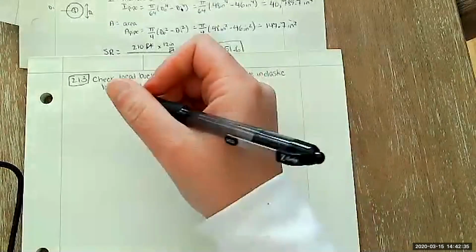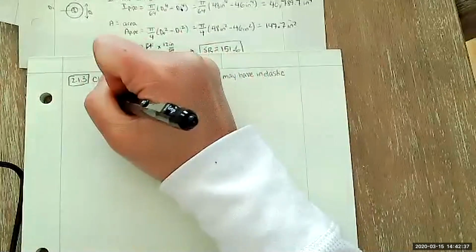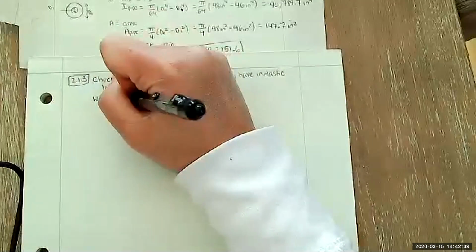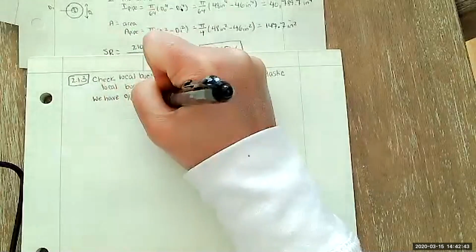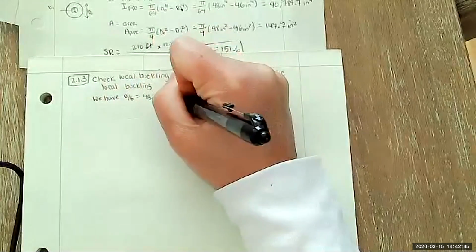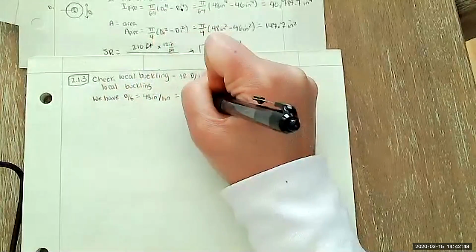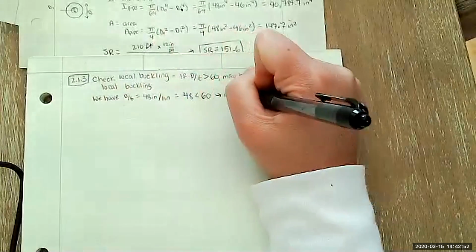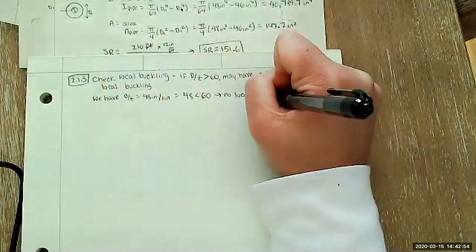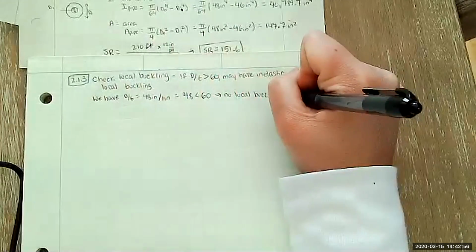We have D over T equal to 48 inches divided by 1 inch, which is equal to 48, which is less than 60. So we have no local buckling, at least inelastic.